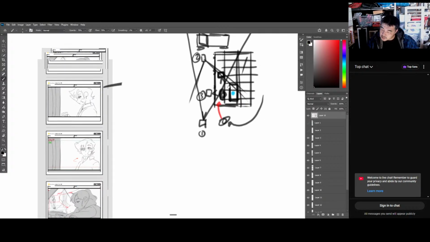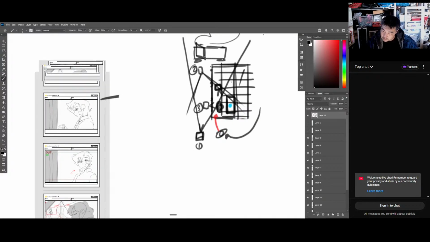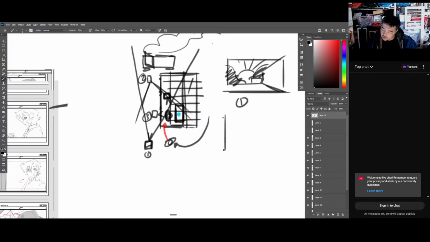So already I'm seeing the cameras kind of going all over the place. We got a camera showing the car. So far we have this angle that's like this. You see the car. You see the sun like this. So that's angle 1. Angle 2, we have this higher angle shot where you see everything right here.